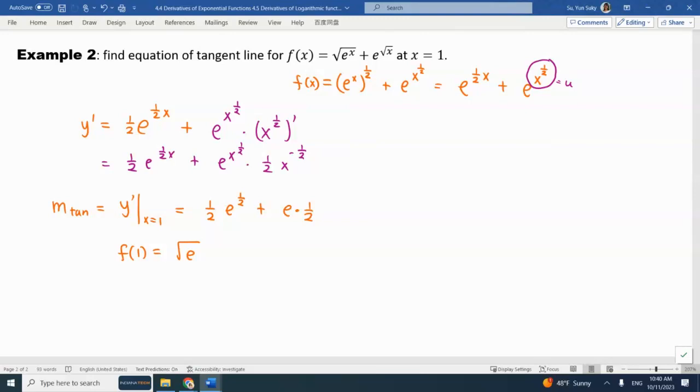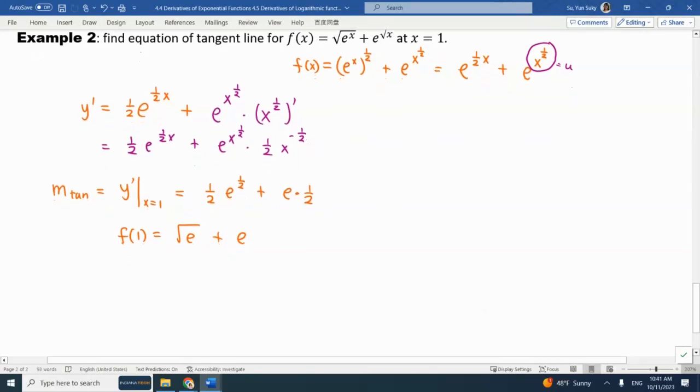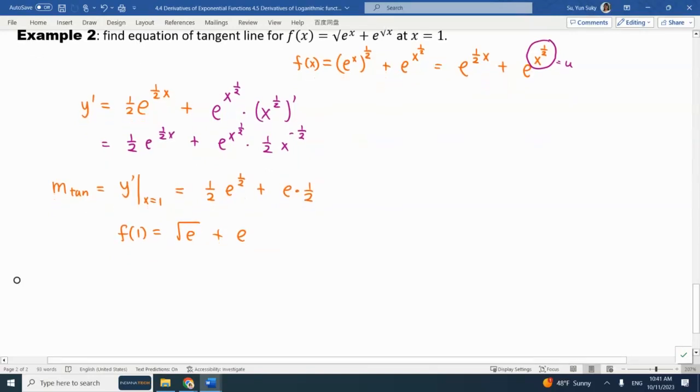This is f of x. We plug in x is 1. e to the 1 is just e, right? And then e to the, what's square root of 1? 1. So this is my y coordinate. Is that okay, everybody? Yes. Even though they don't look nice, it's okay.